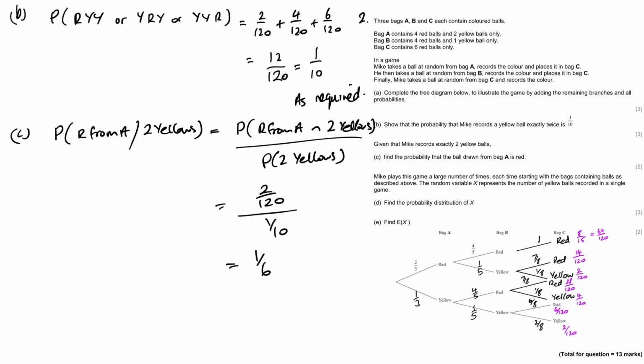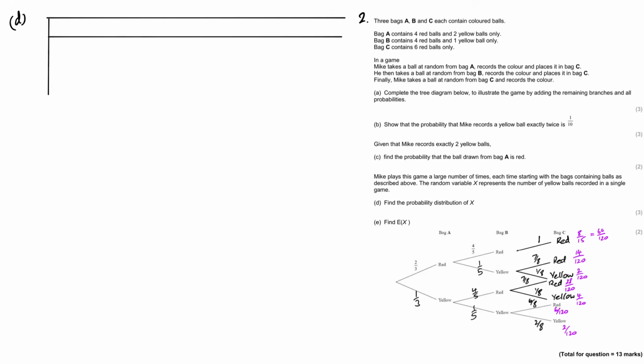Now, part D, we're moving on a little bit, so slightly outside of the normal box, but we're going into PDFs, probability distribution of X. And it is about how many yellow balls are recorded in a single game. So for this, we know we're going to have X, and we know that there's going to be a few scenarios.